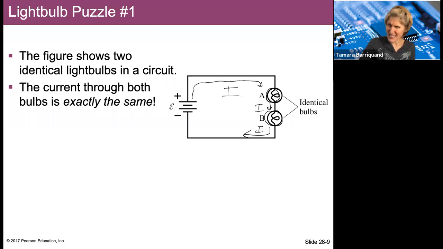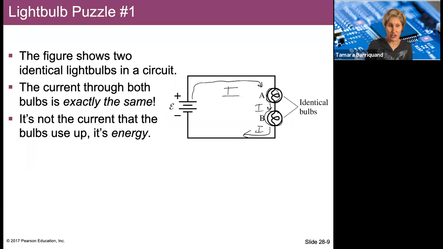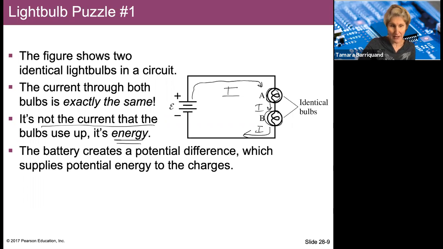So what we can see from this is that even though light bulb A gets the current first, it doesn't use it up. It's not the current that the bulbs use up, it's energy. The battery is creating a potential difference, which supplies potential energy to the charges.